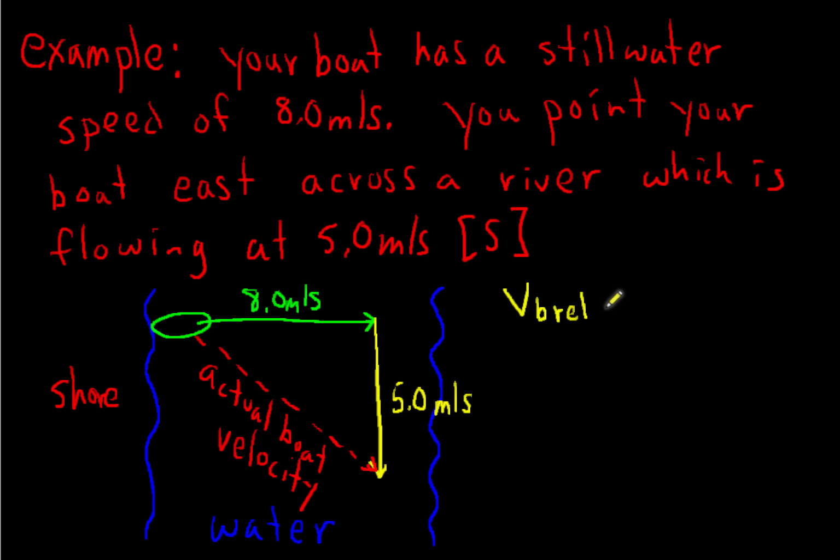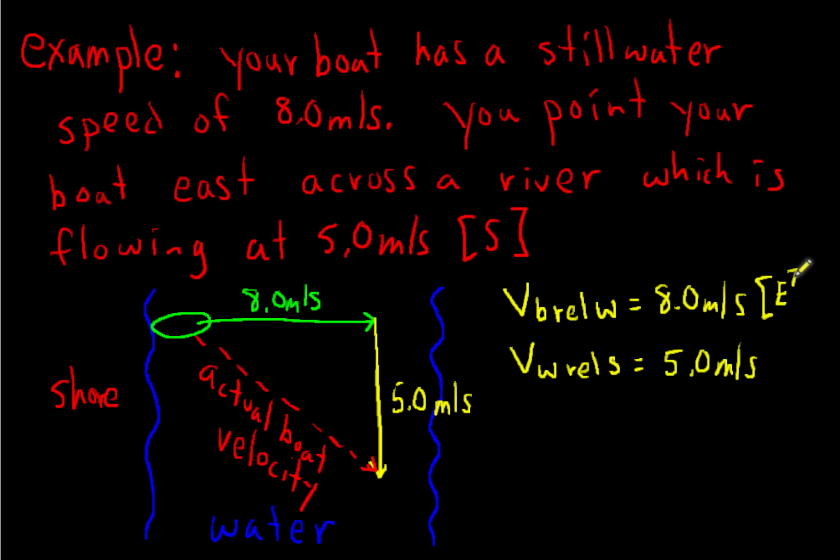The velocity of the boat relative to the water is this 8 meters per second that we're applying. The velocity of the water relative to the shore is 5 meters per second, east and south. The velocity of the boat relative to the shore is its actual velocity that we're looking for.